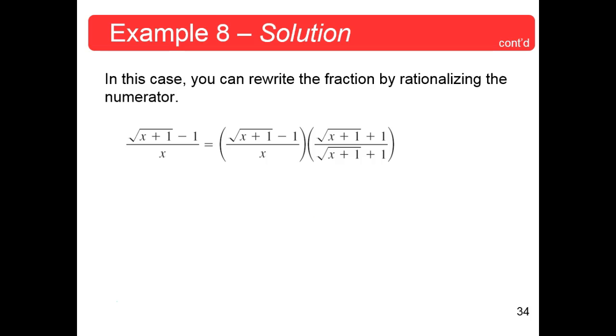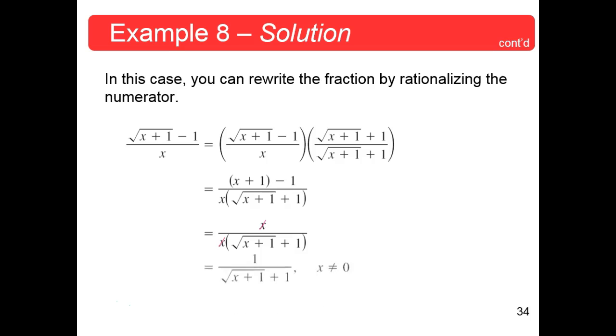So now multiply numerator and denominator by the conjugate of the numerator, which is square root of x plus 1, plus 1. And when you do that, you get exactly what we did. And that gives you x over x times the square root of x plus 1, plus 1, or the x's over x divides out to 1.